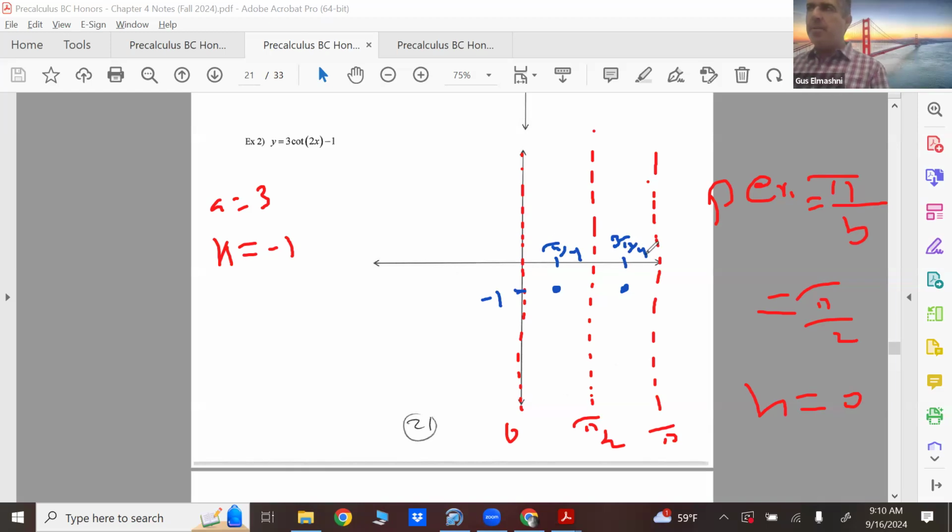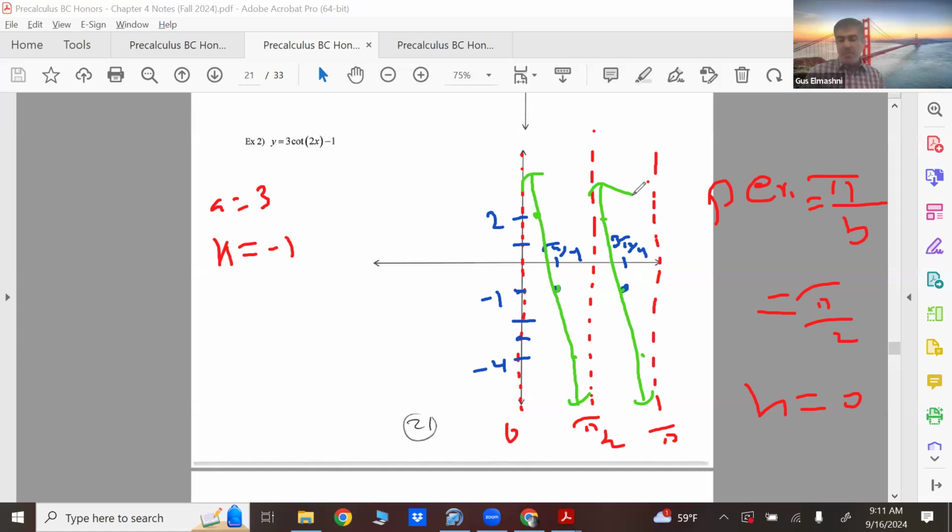The core points, don't worry about labeling because it gets really messy, but that'll be pi over 8 and 3 pi over 8, and then 5 pi over 8 and 7 pi over 8. And you stretch it by 3. Oh, it kind of looks funny. So anyway, the graph is more curved, but that's what you got.